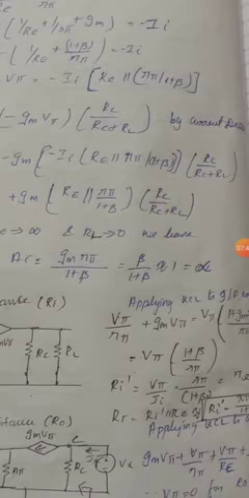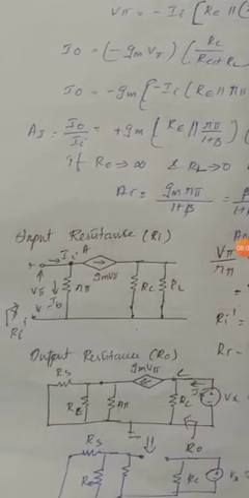We know that GM R pi is beta, so this can be written as beta divided by 1 plus beta. 1 plus beta is approximately equal to beta, so the current gain is approximately equal to 1. We know that alpha, the current gain of the common base amplifier, is always nearly equal to 1. So that is proved here.